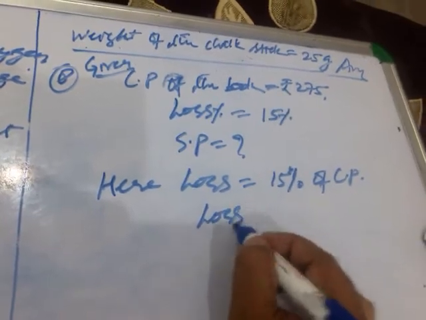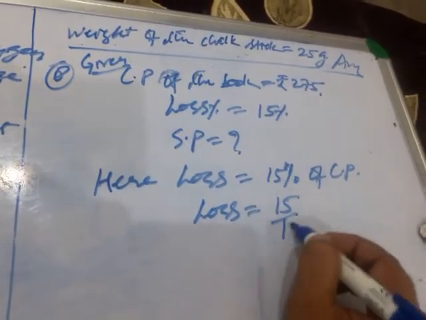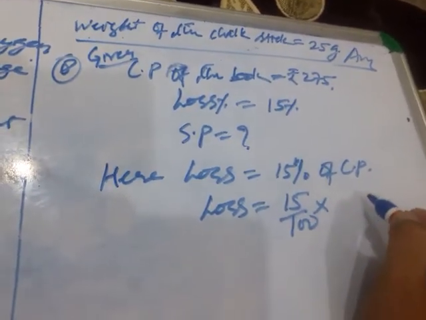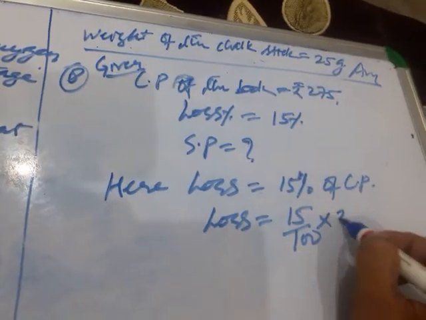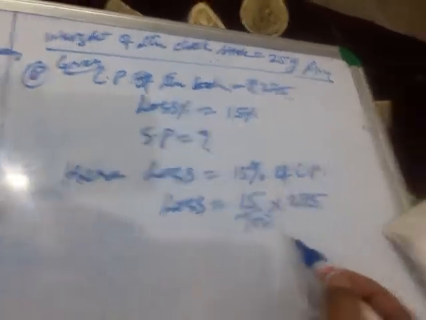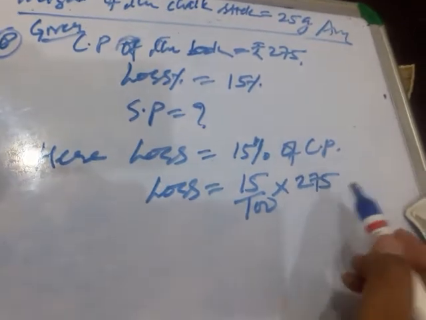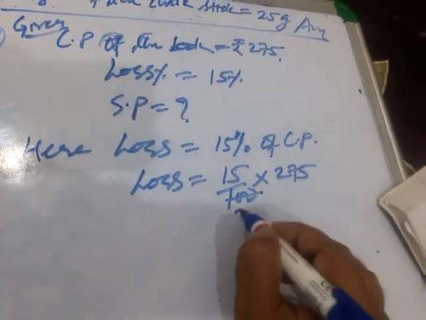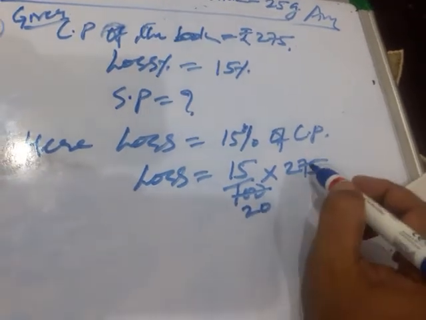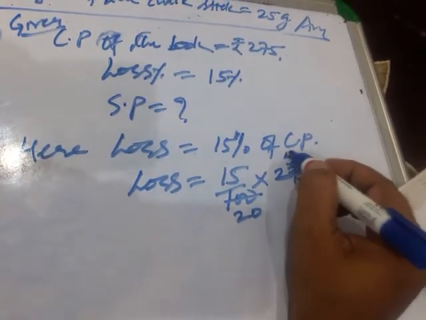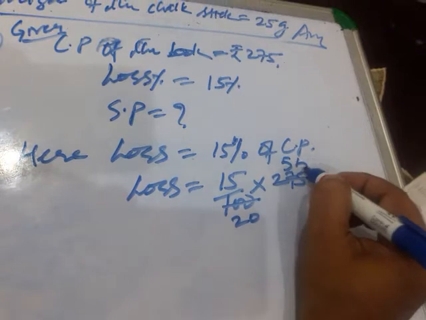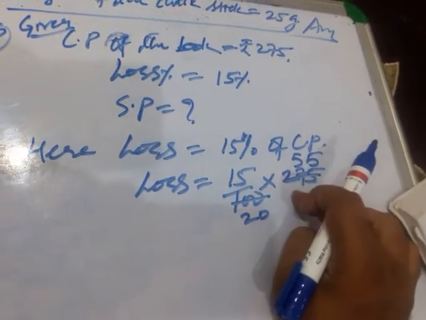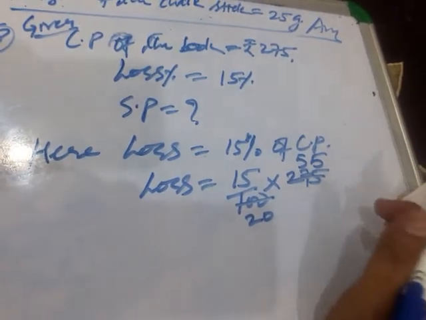Then loss equals 15 upon 100, of means multiply, and CP is how much? CP is given to be 275. Okay children, let us now cut it out. 5 2 is 10, 500. Clear? And this is 5 5 is 25 and 5 5 is 25. 2 is remainder, and this 5 5 is 25.